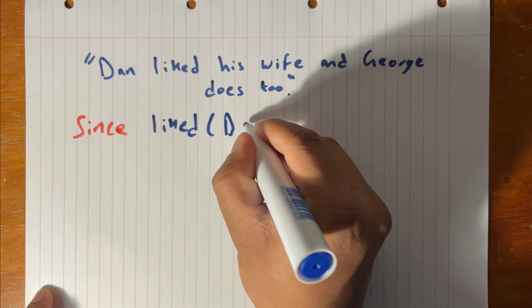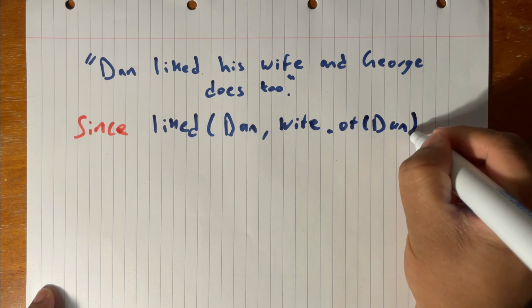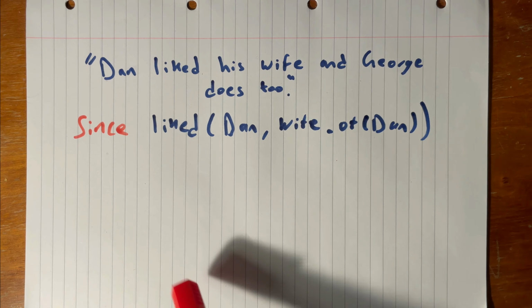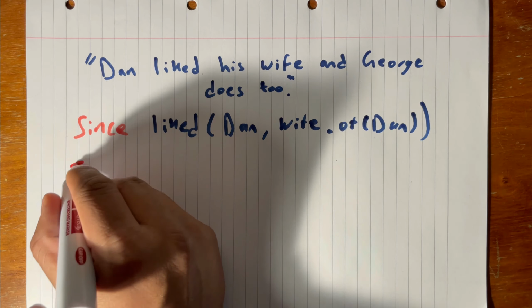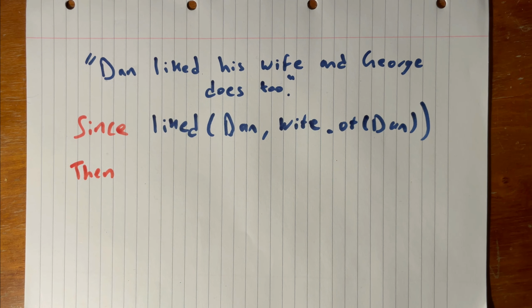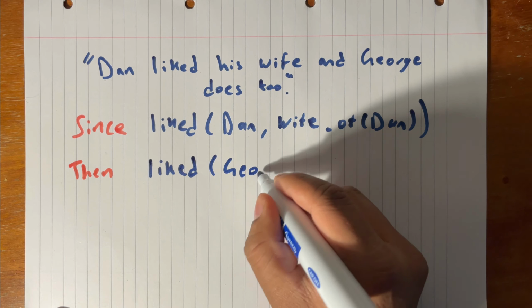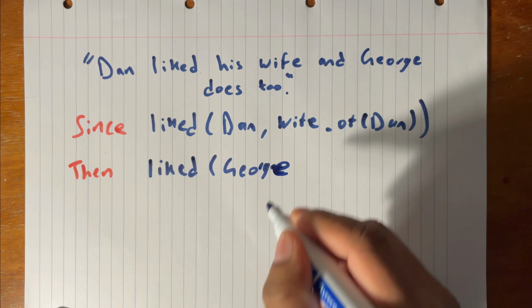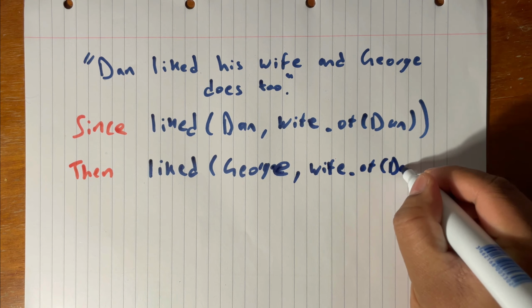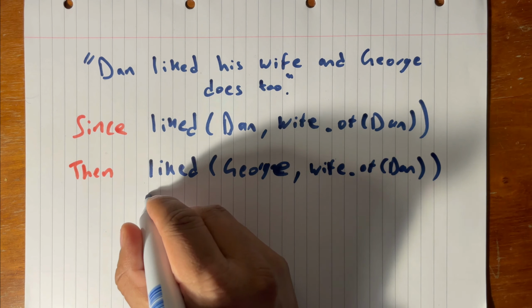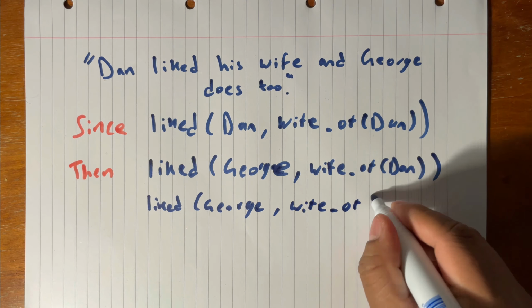Dan likes his wife, we can derive the second half, which says that George likes the wife of Dan, or George likes his own wife, right?